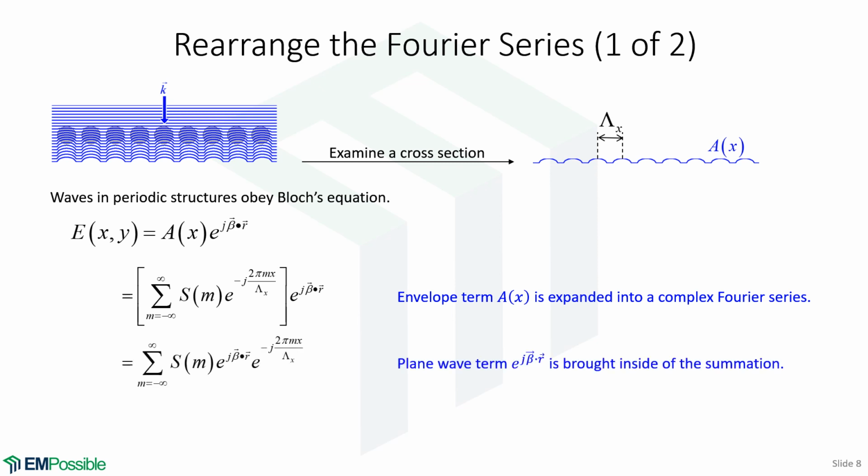The next thing we'll do is expand this dot product. So we have a beta x times x, beta y times y, and a beta z times z. And since they were all added up in the dot product, we write that as three multiplied exponentials. So we've expanded that. Let's go on to the next step.